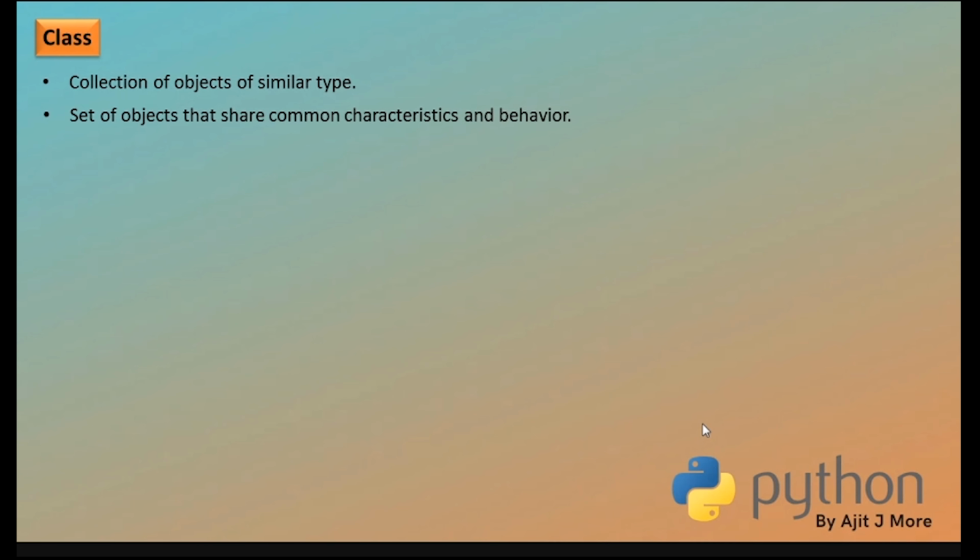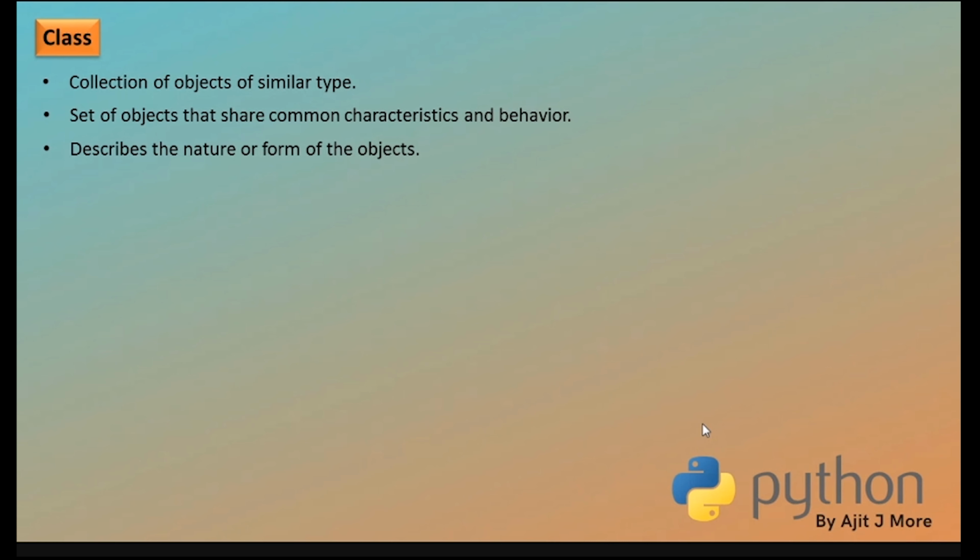Or you can say set of objects of same characteristics and same behavior. Means those objects which share similar characteristics, similar behavior are grouped into class. Okay. Then it is describing the nature or the form.